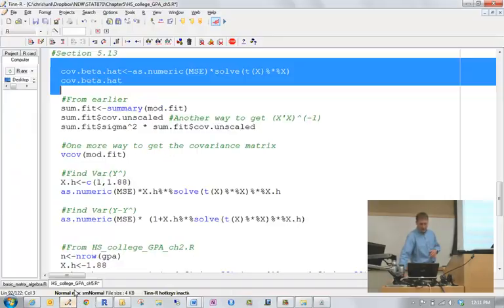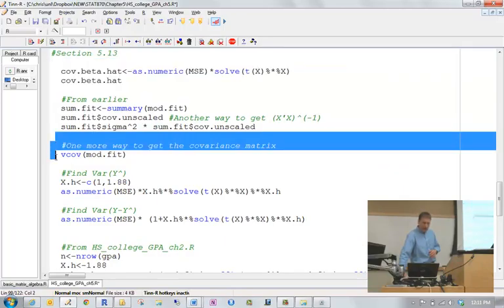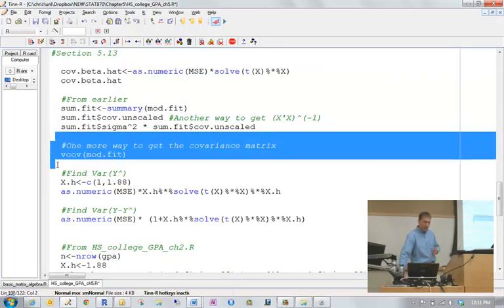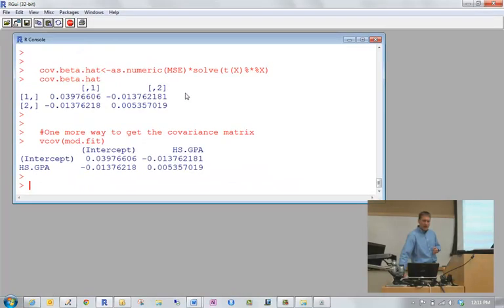We've already done that. Now, let's see here. Another very important way that you need to know how to find this estimated covariance matrix, actually the easiest way, is to use the function vcov. If I say vcov, and I've already fitted my model, put the model fit stored in mod.fit, you get the estimated covariance matrix out.